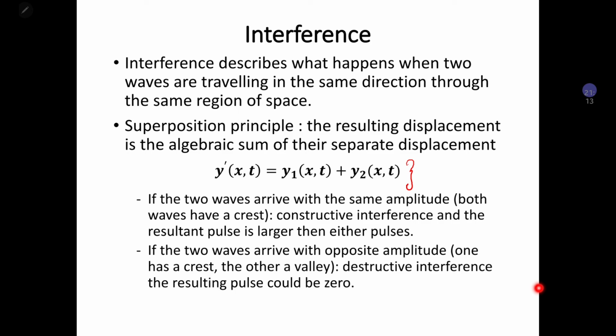Okay, so apabila dua wave tu sampai pada satu point, apabila amplitude berjumpa amplitude, kita akan ada constructive interference. Okay, tapi apabila kita ada satu amplitude jumpa dengan satu lagi adalah valley ataupun yang minimum tu, kita akan berlaku destructive interference.